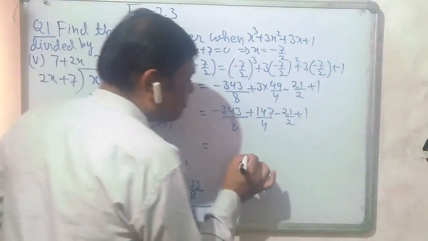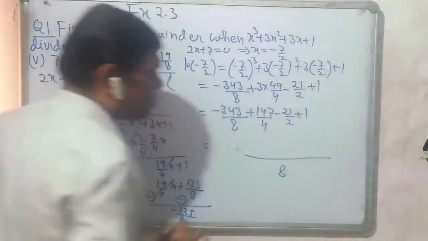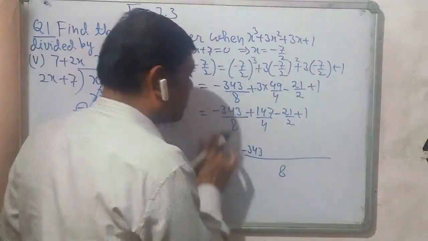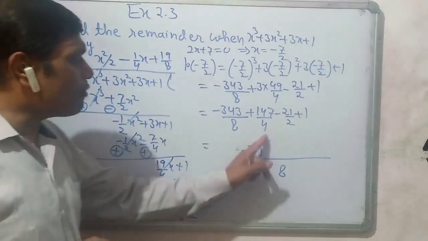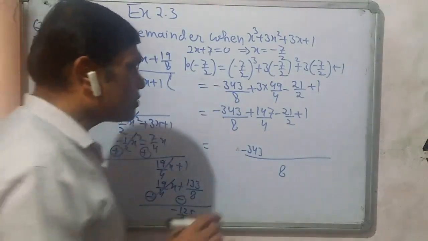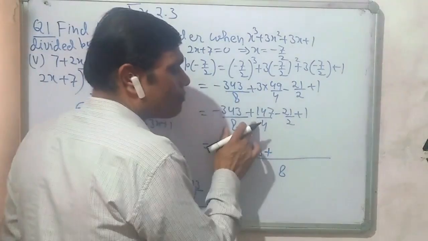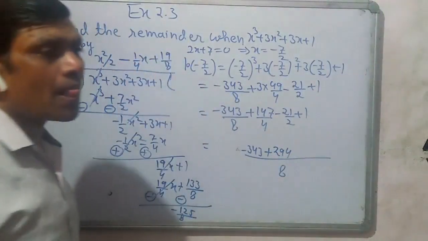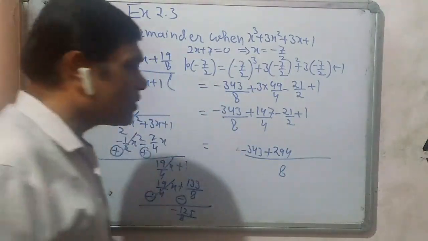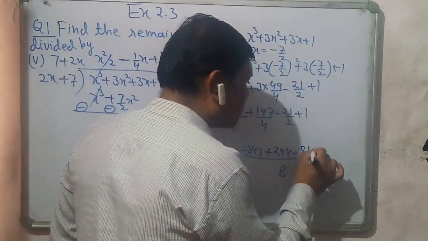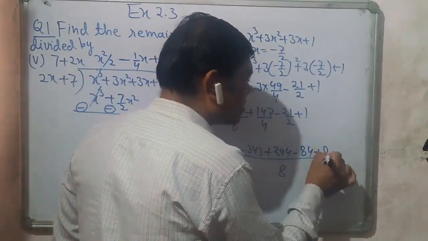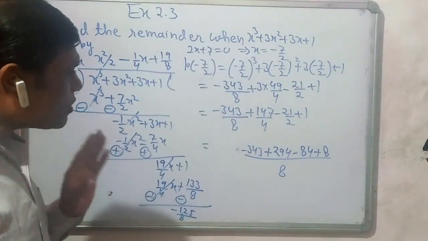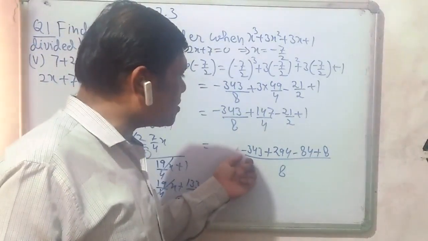Take up the LCM, 8. What we get is minus 343, the first one. 4 times, right? So this gives us 294. 2 4s, so this gives us minus 84 plus 8, all over 8. Solve them out. What we are getting in the negative?